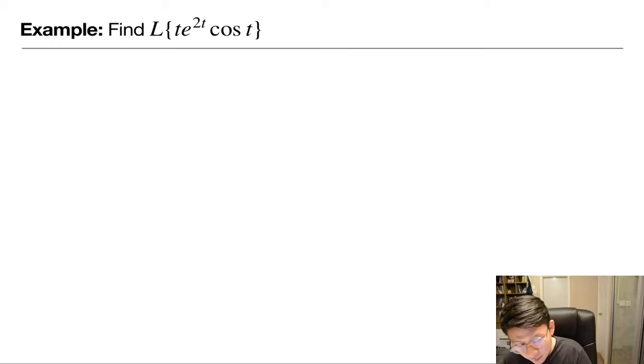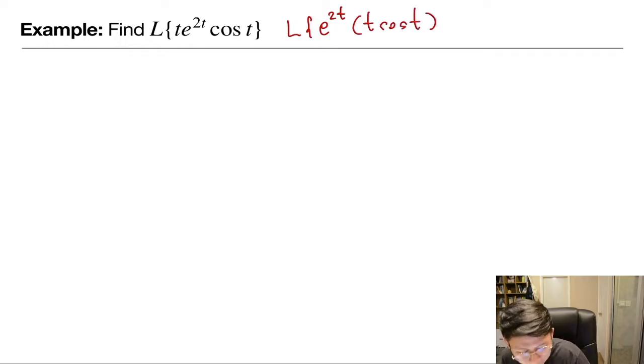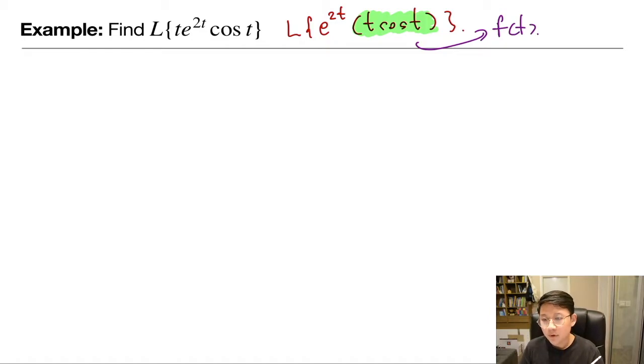So for this one, we can look at it like this. We look at it as the Laplace transform of e to the 2t times t cos t. And then we look at this function as f(t), okay. So basically, let's call it f1(t).